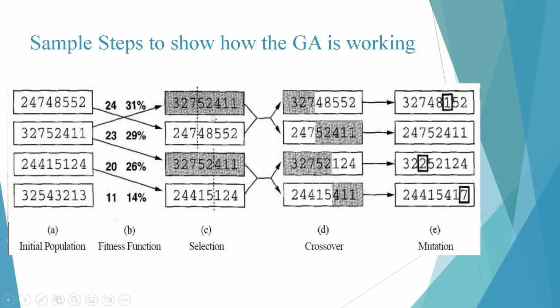So this is 48552, going to the first one, 52411. The same thing here, 124411. After the crossover, we do the mutation, meaning at the third digit, 5 is replaced by 1. Here 7 is replaced by 2. The last digit 1 here is replaced by 7. So this is what we call mutation, and this is crossover.